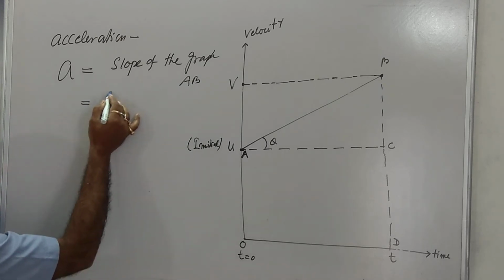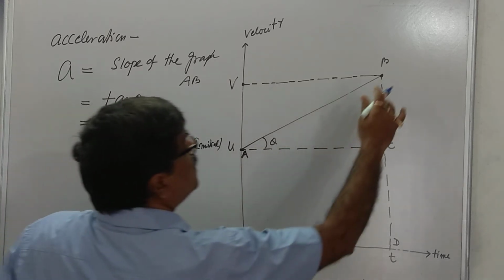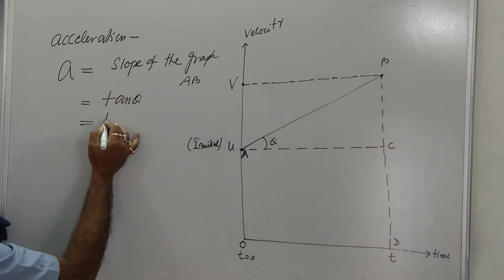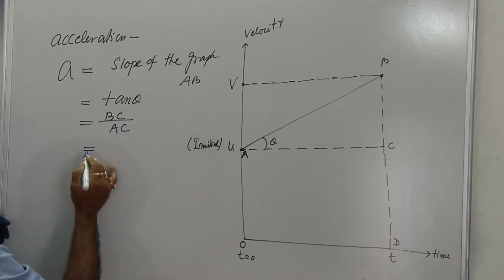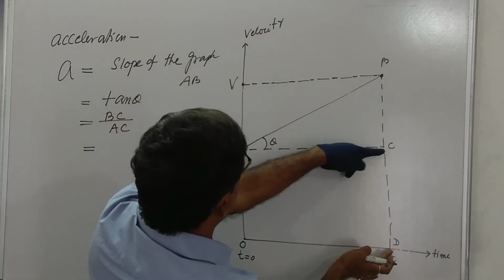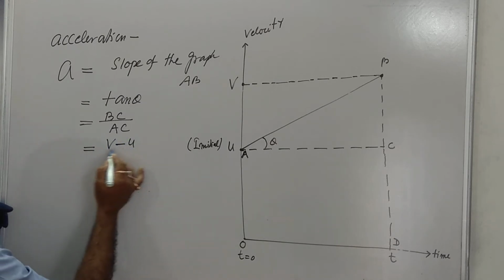So what is the slope of the graph? You know, tan theta. What is tan theta? Perpendicular by base, that is BC by AC. So what is BC? This is velocity v and this is u. Therefore BC means v minus u.